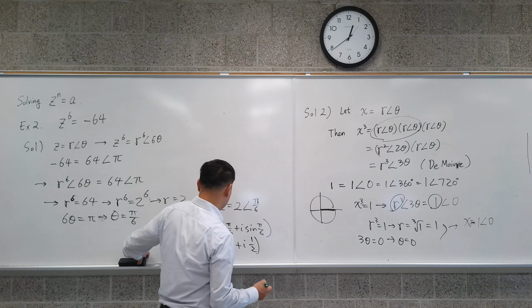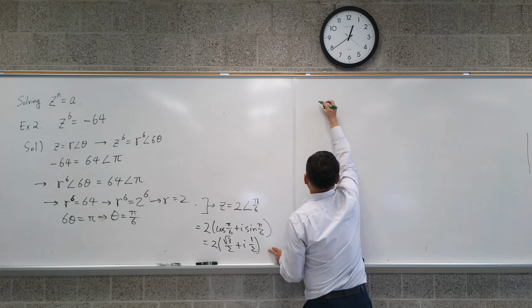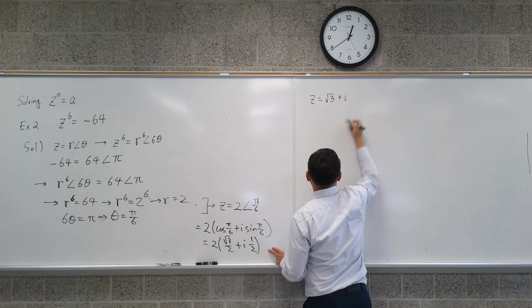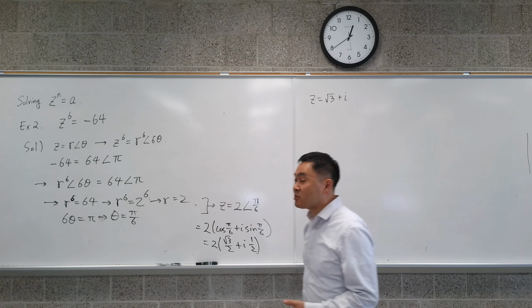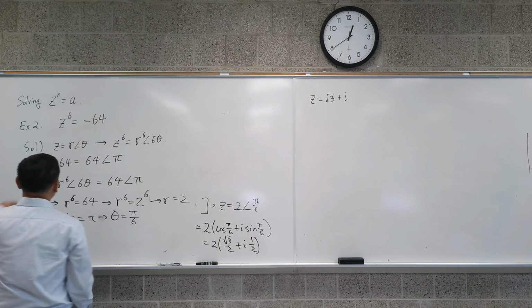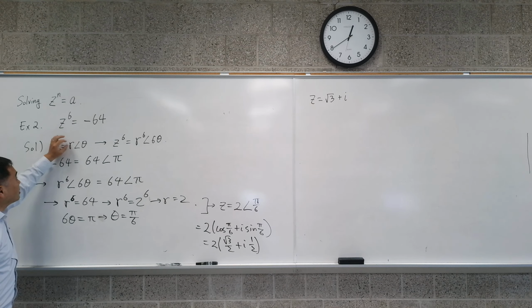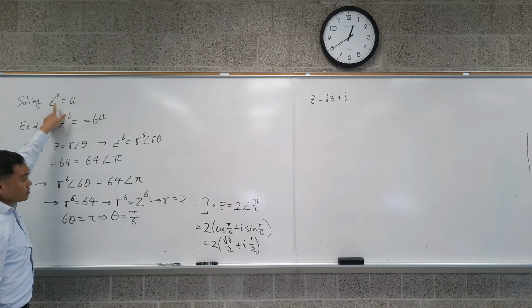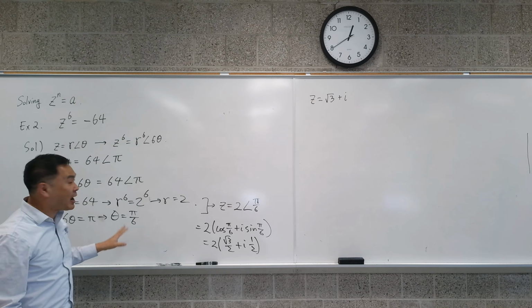Okay. That means z is equal to square root of 3 plus i. But that's just one answer. We're looking for 6 different answers. Whenever you have this kind of thing, unless a is 0, you always get n different answers. So we're looking for 5 more answers.